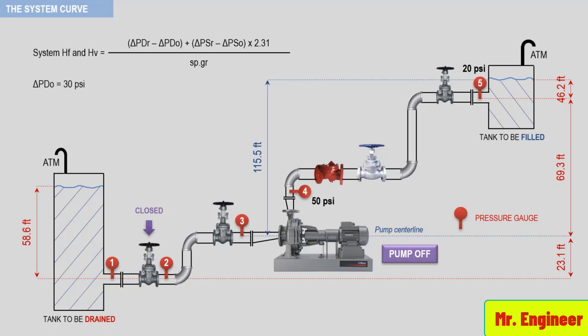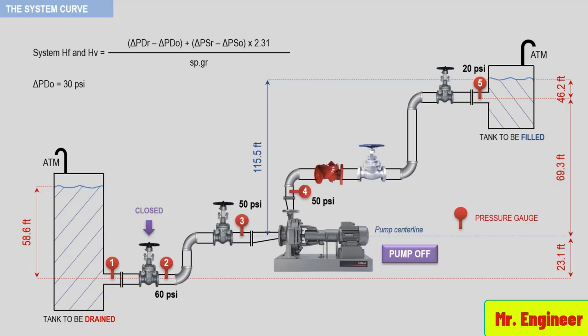In the suction line, note that gauge 3 is also reading 50 psi. It also has 115.5 feet of liquid elevation on it. Pressure gauge 2 should read 60 psi because it is 138.6 feet deep into the column.